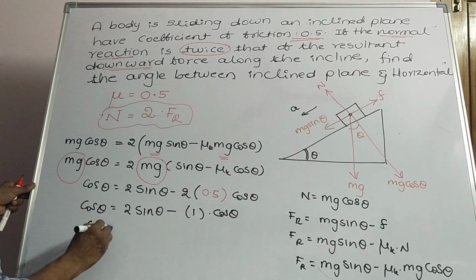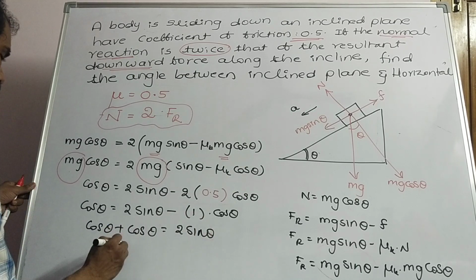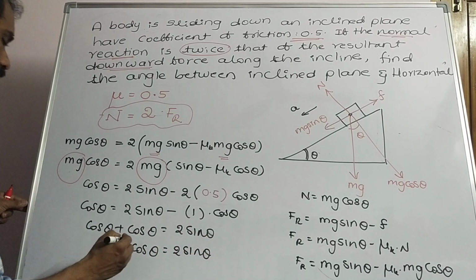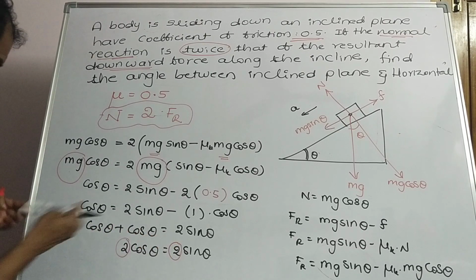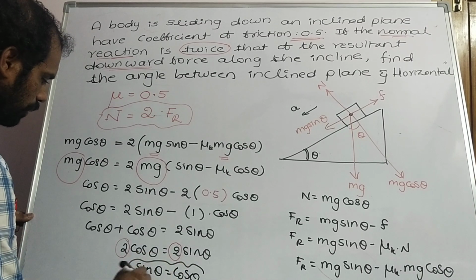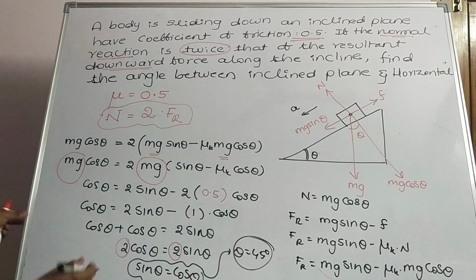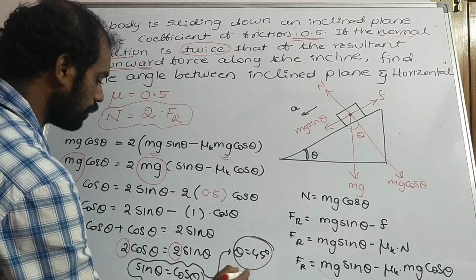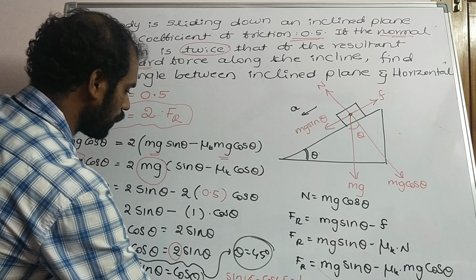So cos theta plus cos theta is equal to 2 sin theta. Now 2 cos theta is equal to 2 sin theta. Here 2 gets cancelled. Sin theta is equal to cos theta. It will be possible when theta is equal to 45 degree. Why? Because sin 45 is equal to cos 45 is equal to 1 by root 2.